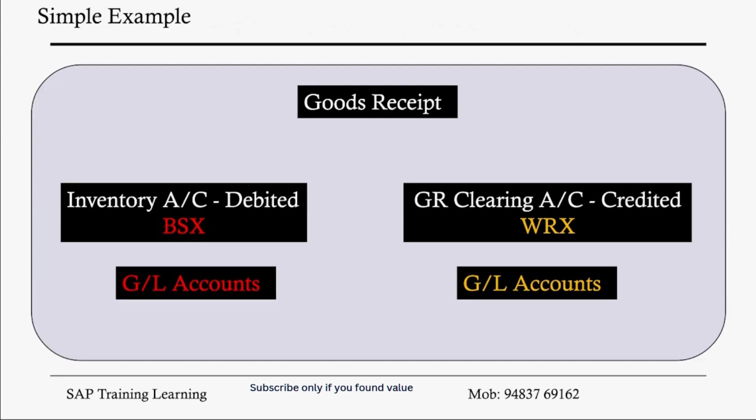So let's take an example. You are receiving the goods. When you are receiving the goods, your stock is increasing. Let's say in your plant you're sitting and your job is to make a note of what you are receiving per day, and you have a book that you maintain.